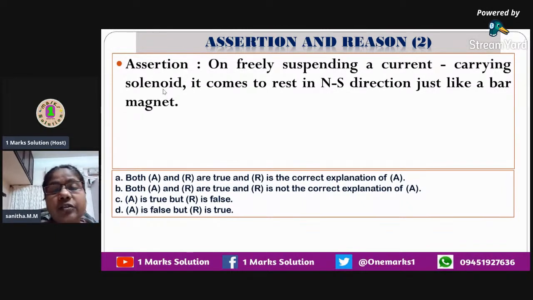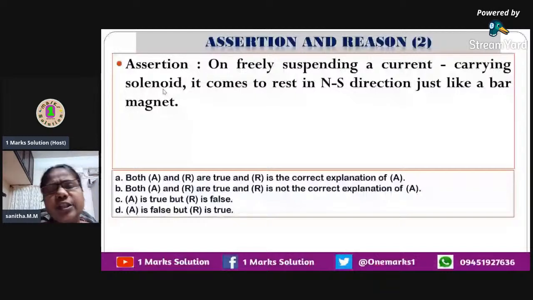In olden days, there were no devices to find the direction. So what they did was suspend a magnet, the lodestone, and they could find north and south. If they get north and south, other directions also we get.